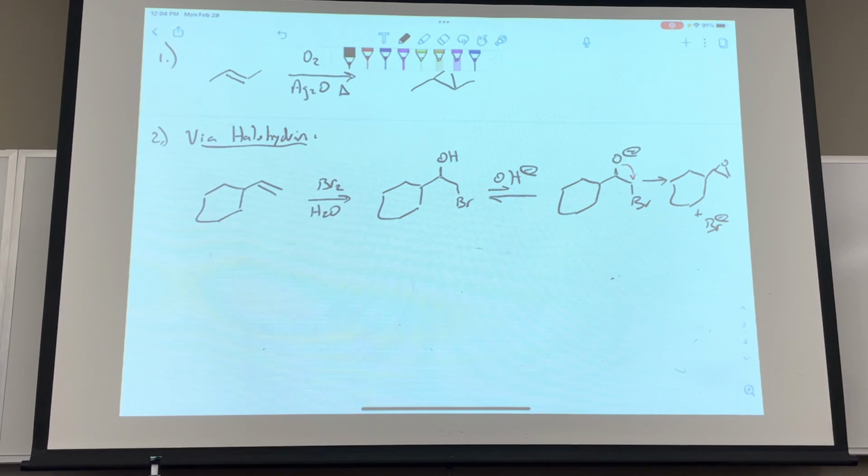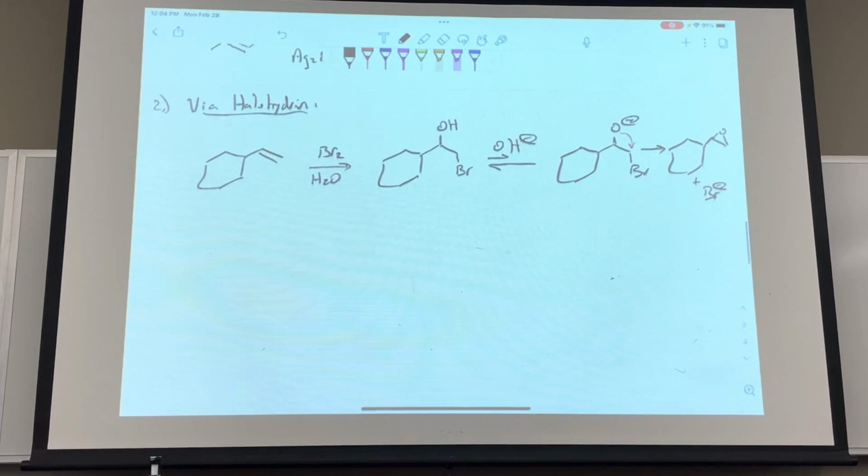But before we get into that, I want to show you a third way of making it. This third way of synthesizing them is actually the most common way, and that is through peroxy acid oxidation.